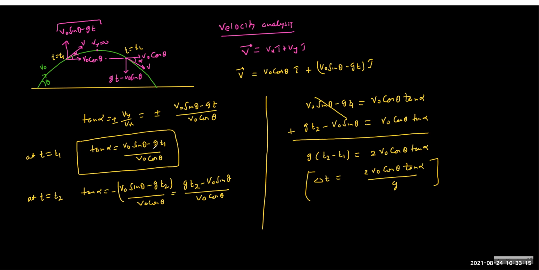The angle of the velocity vector with the horizontal will change with time, so at some instant it is alpha. So they may ask you to find t1, t2.